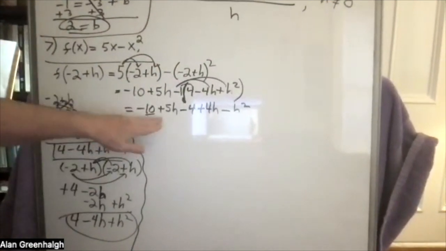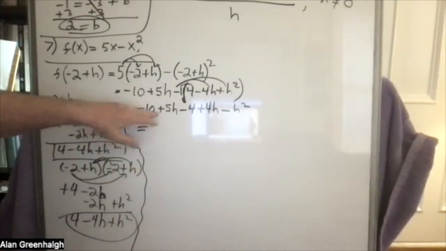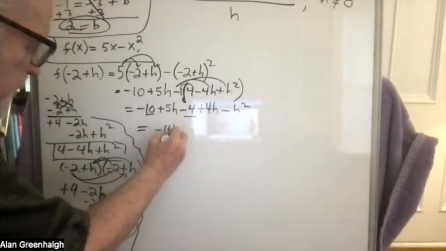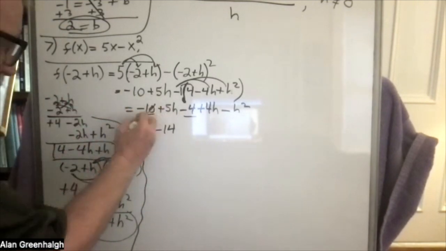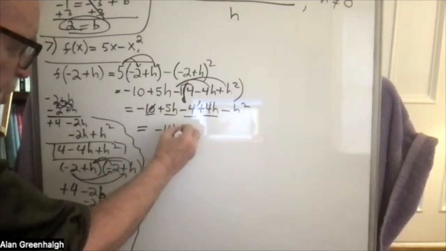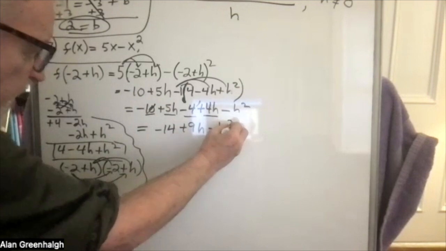So, okay, we're down here. We're combining like terms. So negative 10 and negative 4 is negative 14. And then we're finished with those two. And then 5h and 4h is 9h minus h squared.